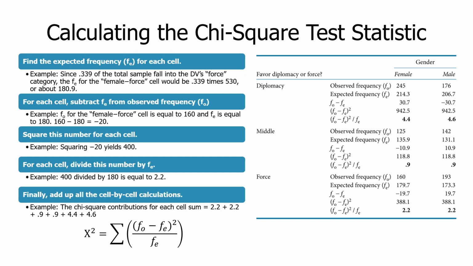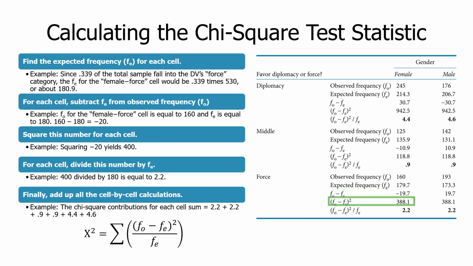I just want you to get an intuitive feel for where these come from. Getting back to our example, we observed 160 females. We expected, based on the null hypothesis, about 180. If you subtract 179.7 from 160, that's the next part of the formula, you get about minus 19.7. If you square that, you get 388.